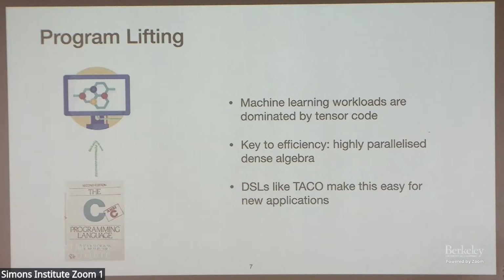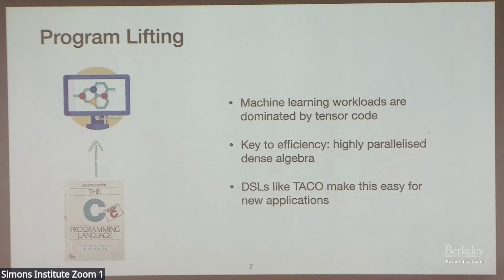An example that we have been caring about a lot recently is machine learning code. Machine learning workflows are dominated by tensor code, and the key to running your machine learning code efficiently is to have highly parallelized dense algebra.